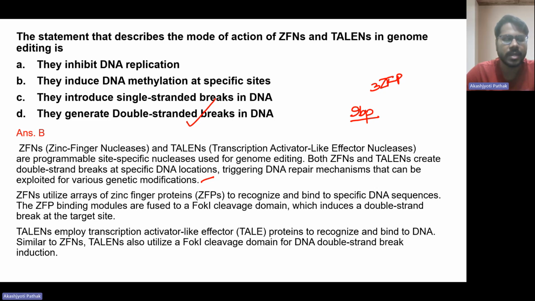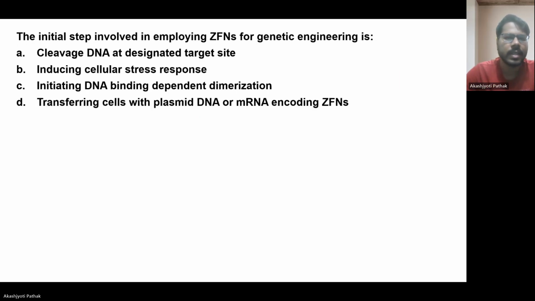Both these cause double-stranded breaks. So the initial step involved in employing zinc finger nucleases for genetic engineering is what? What is the initial step that has to be done for employing zinc finger nuclease or any type of nuclease?